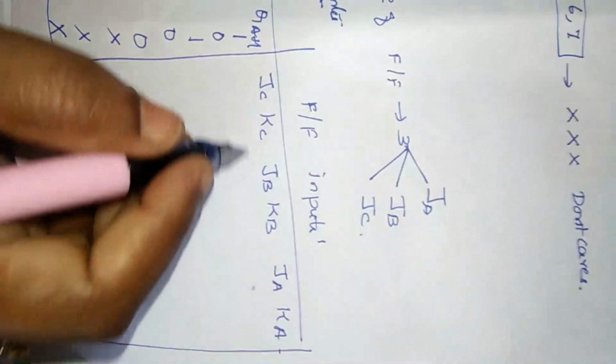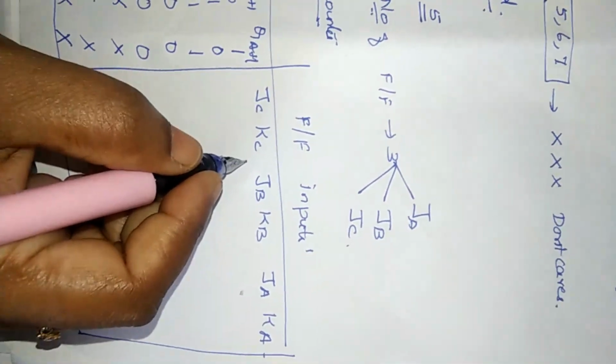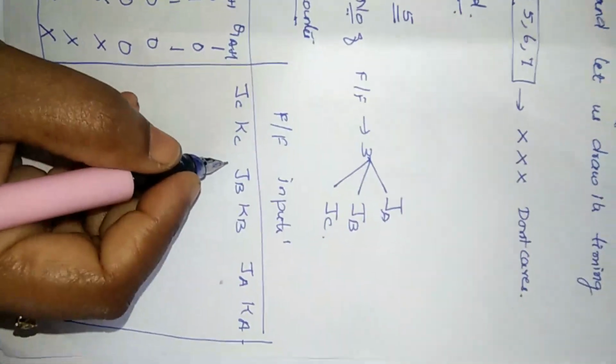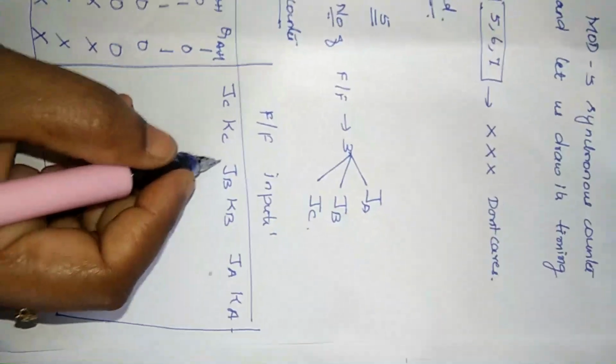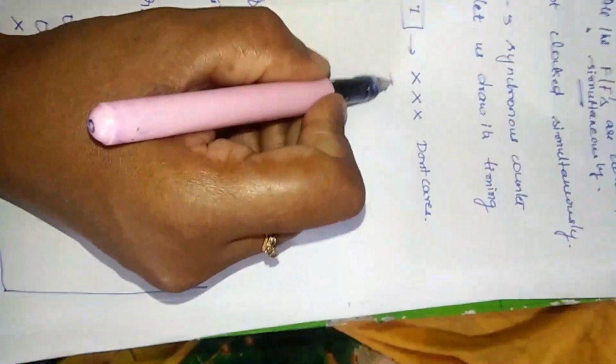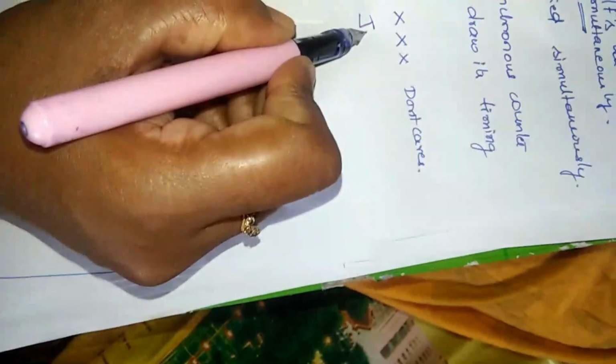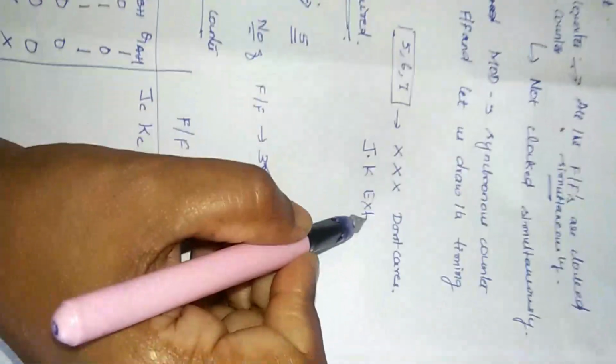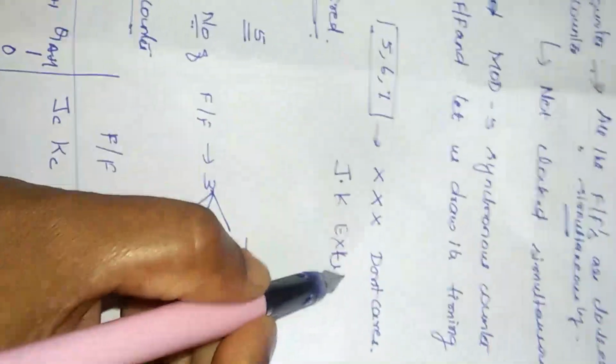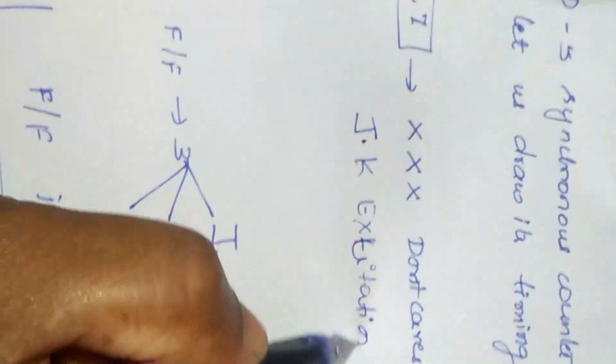Okay, so this table can be filled with the help of the excitation table of the JK flip-flop. So let me recollect the JK flip-flop excitation table, which we have already discussed in the basics of flip-flop.